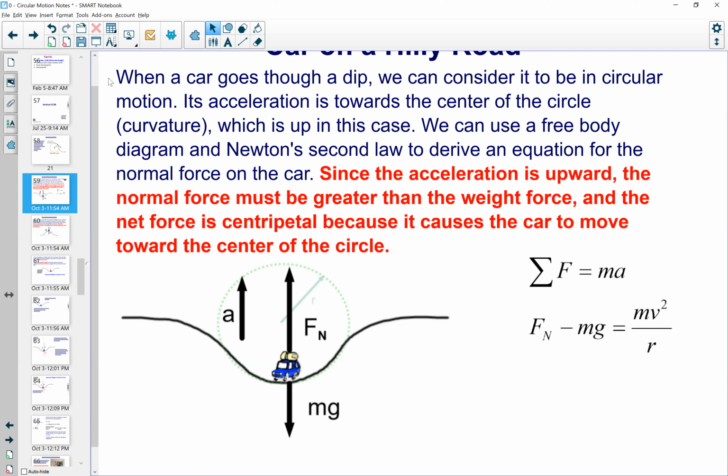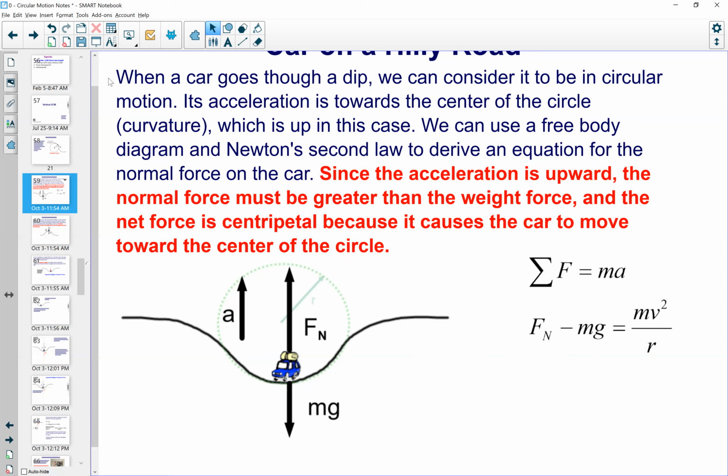All right, so in the picture first, we've drawn a kissing circle here that matches the curvature. And we've got the car right at that point on this kissing circle where its velocity would be tangent to the circle. The advantage of drawing the kissing circle is we know that it's centripetal motion here. We know it's circular motion.